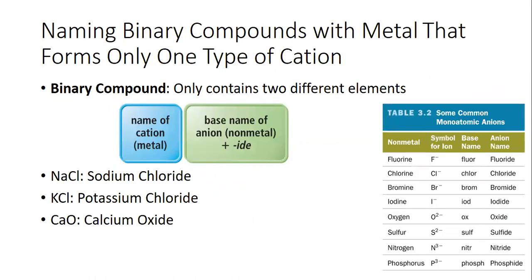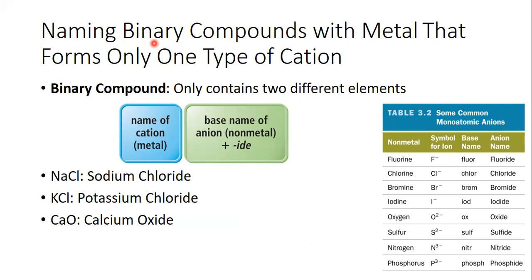And if you have a compound that's a binary compound, the word binary just basically means two. Basically, it's just made out of two elements. So it can have more than two atoms in it, but by binary compound, we mean just one type of metal and one type of non-metal.